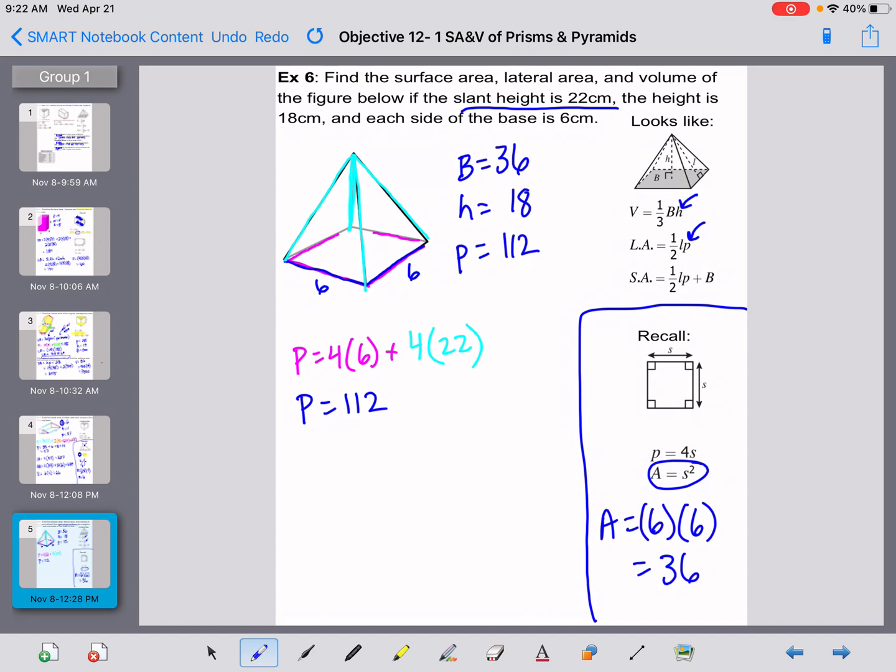And now what do we have? We've got this L. Wow, what is this L? Well, this L is like right there. I'm trying to make it so you can see it. That L is right here.